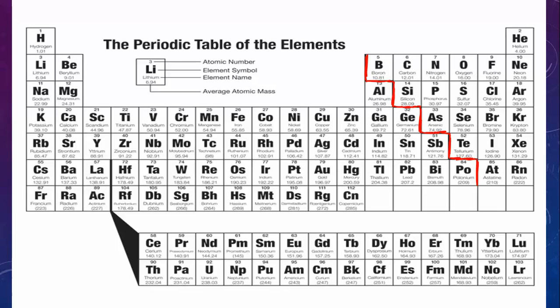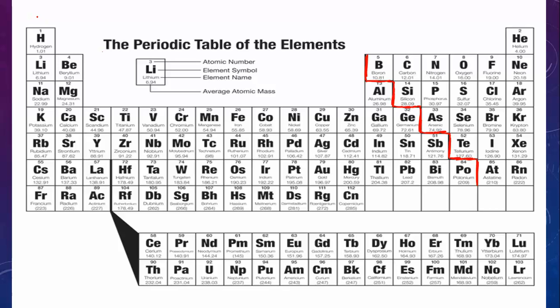Remember that metals tend to lose electrons and become positive ions, while non-metals tend to gain electrons and become negative ions, or anions. So let's just take a few moments to make sure that we have all the information on our periodic tables that we need in order to deal with ionic compounds.